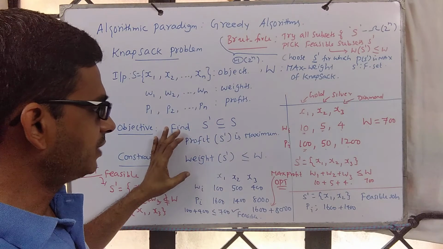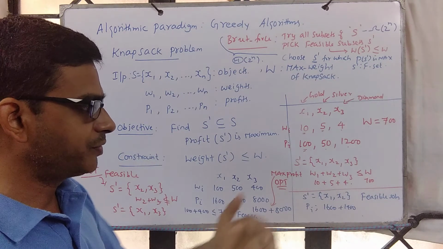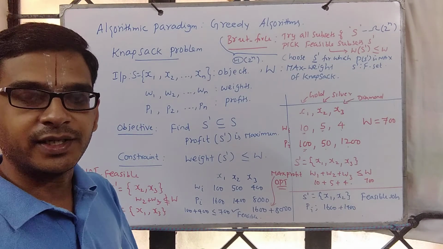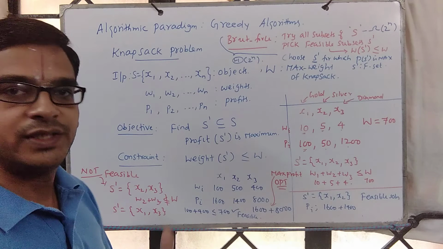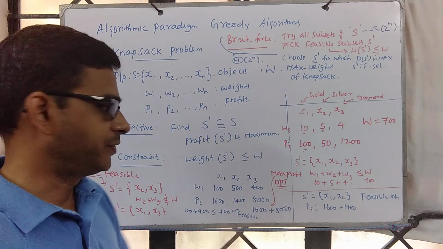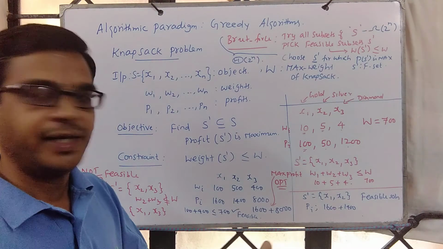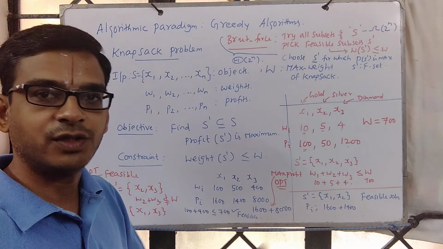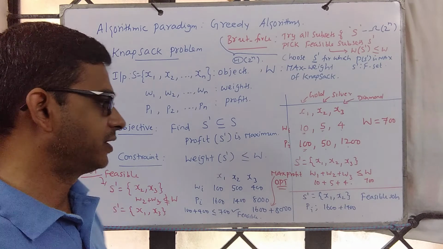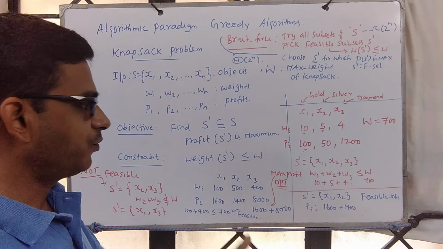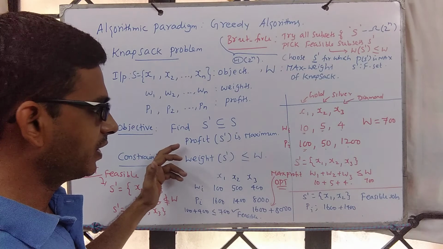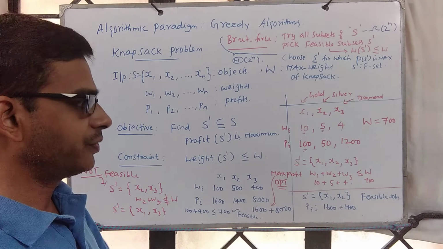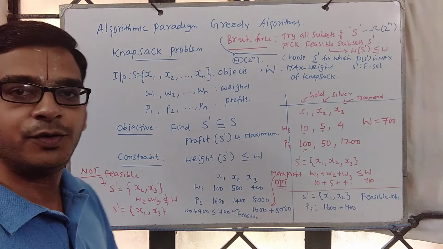So when I say greedy choice, I should move from one local optimum to another local optimum. I'll say, let me include this object. Intuitively, I think if I include this object, then the profit will be maximum. Then I go to the next stage, and I say you include this object. Intuitively, we think inclusion of this object will maximize the profit. So like that, we keep including one object after another, and the intuition slowly takes us to a logical stage where we hit the global optimum.